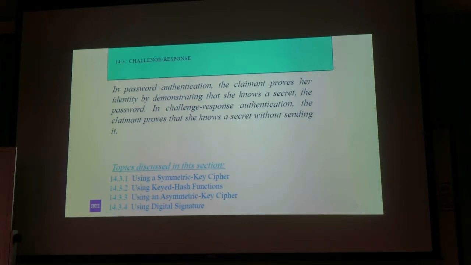So in the password, you know a secret, send it to me to prove it. Now we're trying to do it without sending it. So whenever we can spare ourselves from sending the secret over the internet, over the network, that's good, right? It will be a good thing.